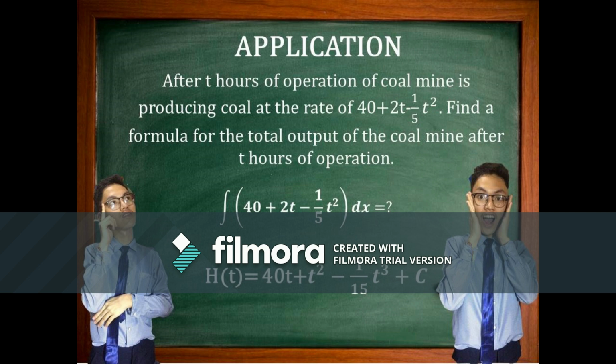By simply applying the formula, that would be 4t plus 2t raised to 2 over 2, or we can cancel 2, so that would be t squared, minus 1 over 5 times 3t cubed, or just simply negative 1 over 15t cubed. Our final answer would be 4t plus t squared minus 1 over 15t cubed plus c.